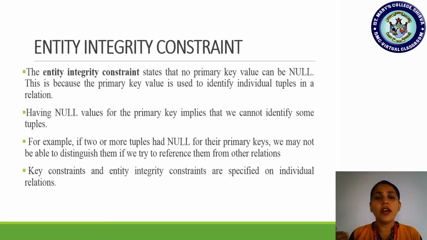So if you are a student, and I want to access any of your student information, with the help of the roll number only I can get the respective record. I can't make use of a student name because student name is not a primary key and there are chances that student names may be repeated.